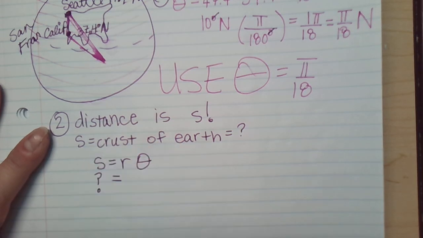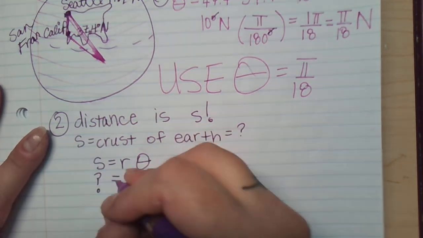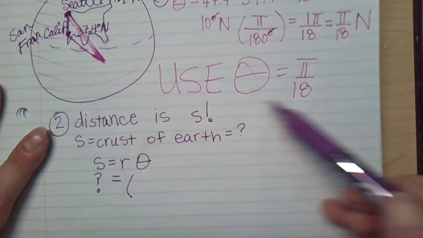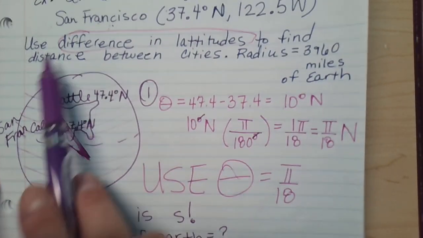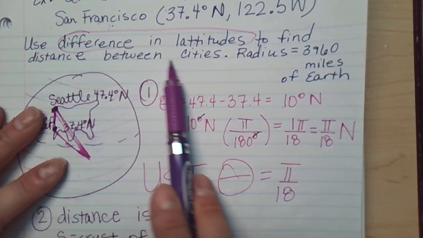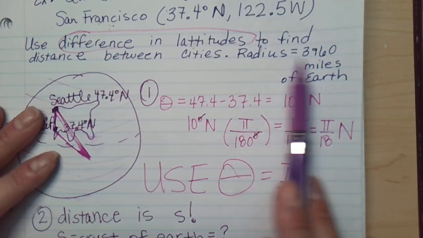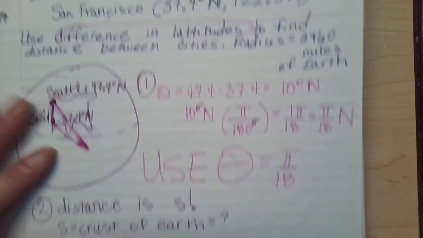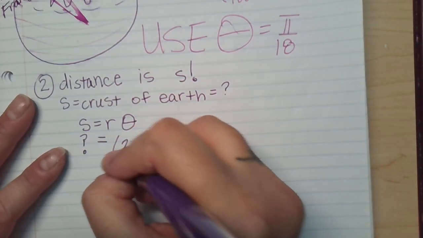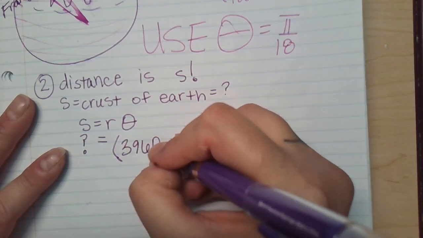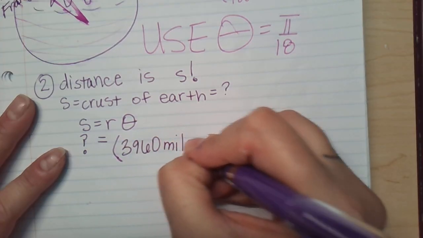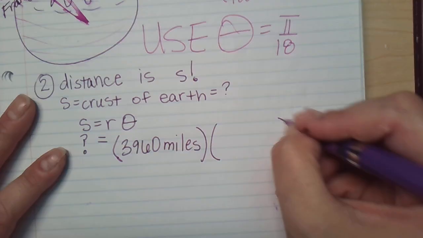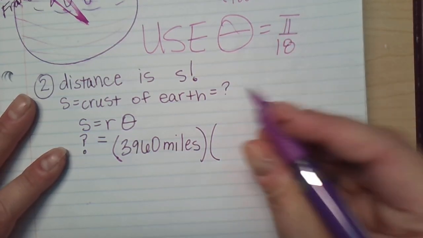So S is question mark, because that's the crust of the Earth, or the distance, we don't know. R is the radius of the Earth. The radius of the Earth is 3960 miles. So my radius is 3960 miles. Then my theta is this pi over 18 we're using.